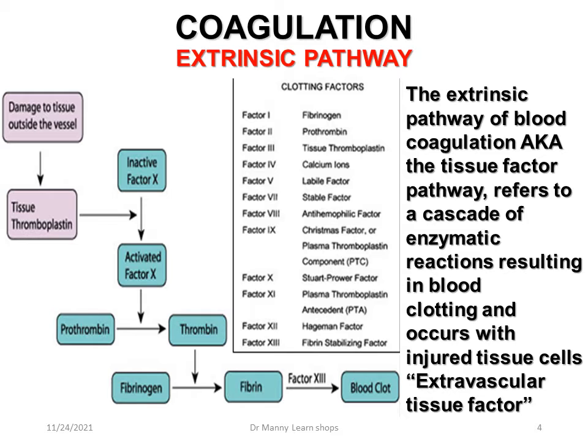This is the extravascular tissue factor. Looking at the diagram, damage to the tissue outside the blood vessel. This results in the release of tissue thromboplastin, which activates inactive factor X, which activates prothrombin to thrombin in conjunction with fibrinogen, fibrin, and eventually factor 8, which creates a blood clot.